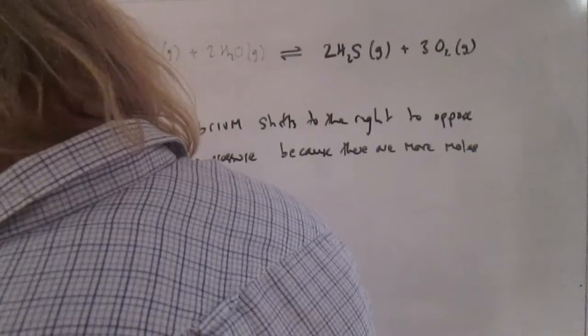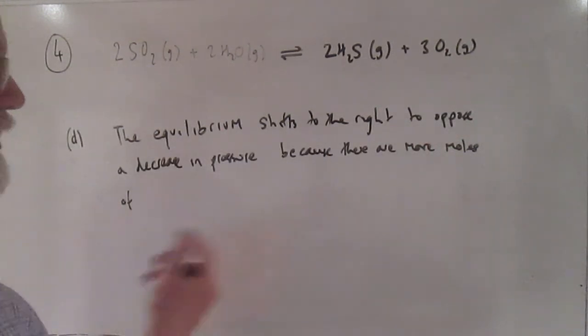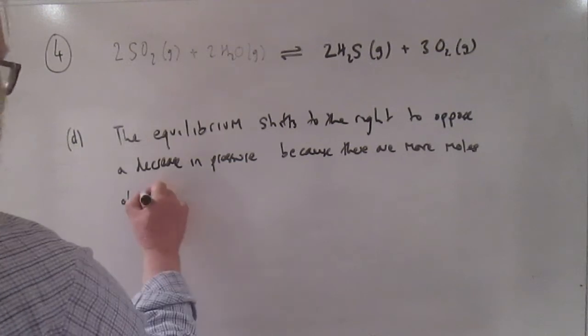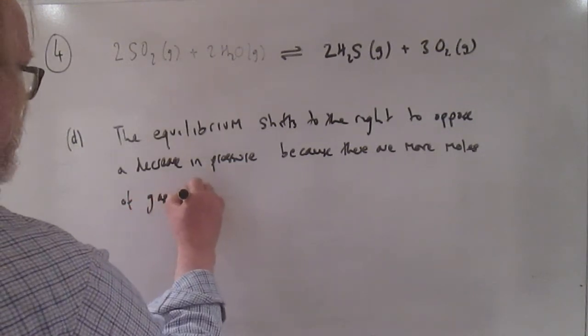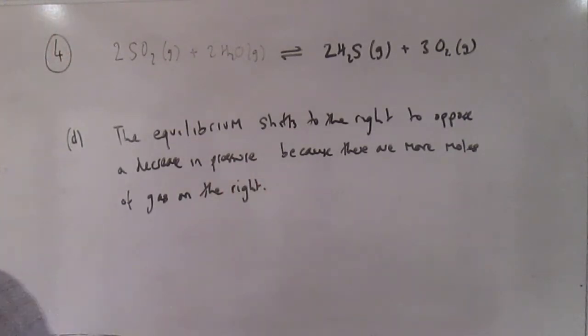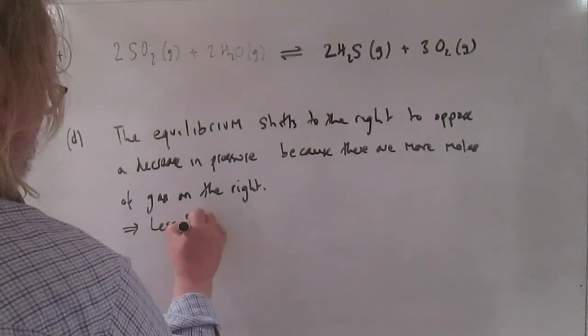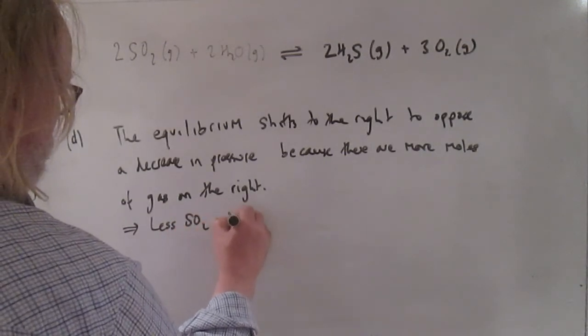And again, you can do it in terms of forward and backward directions. If you want to say it shifts in the forward direction, because that generates more moles of gas, you can avoid the left-right if that causes you problems. And again, make sure you answer the question. It doesn't just say which way does it shift, it says what happens to the ratio of SO2 to H2S. So that means there will be less SO2 and more H2S.